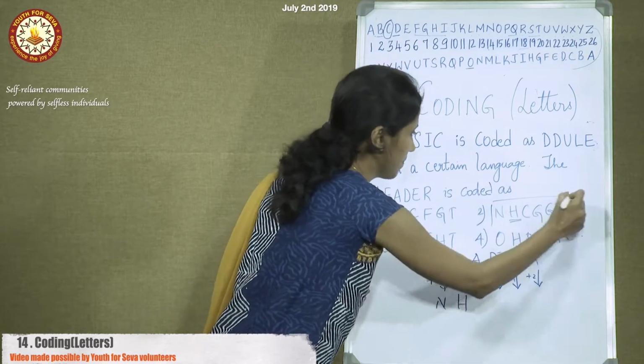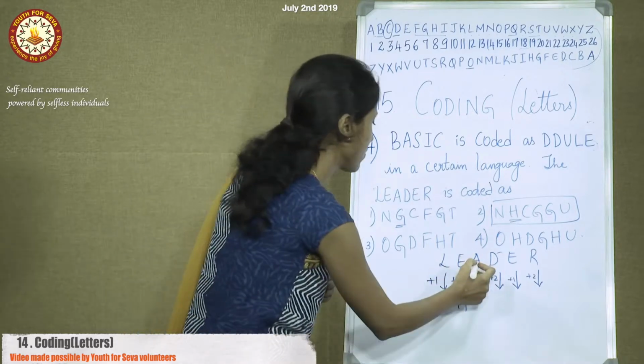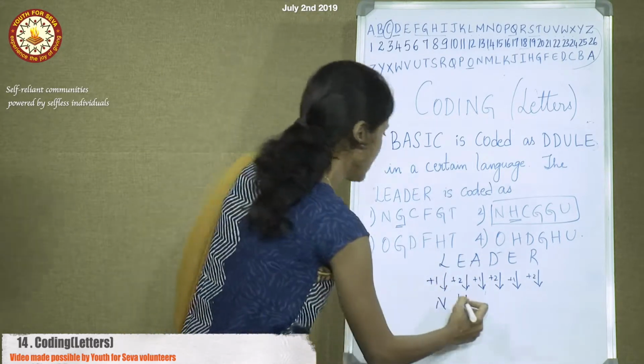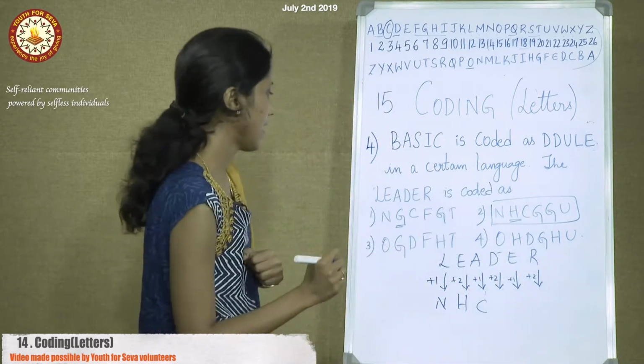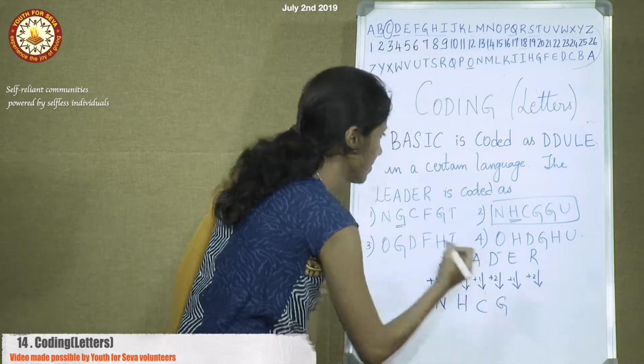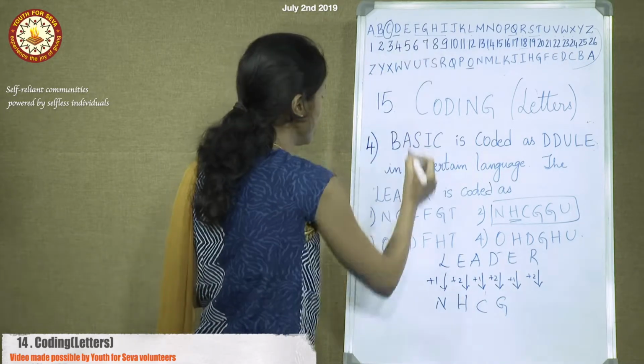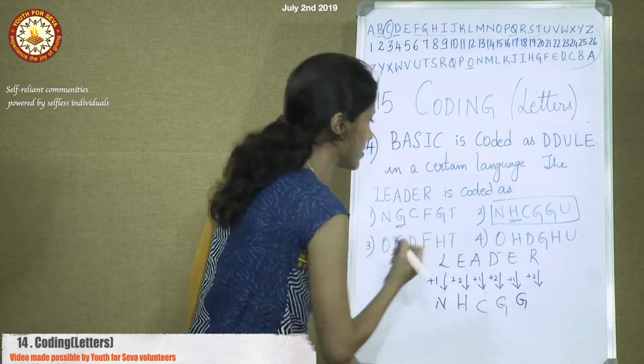So let me complete and cross verify whether our option is right or not. So A, one letter has to be skipped, C, okay, you are getting C here, and in D, two letters have to be skipped, 1, 2, we are getting G here, and again E, you have to skip one letter, E, F, G, so we will be getting G here again.